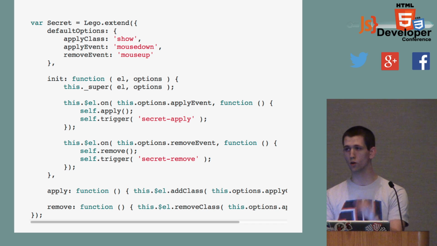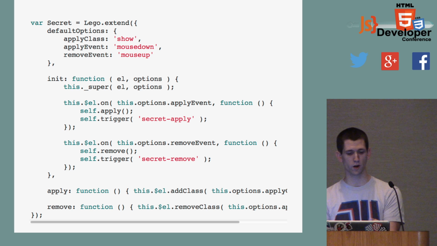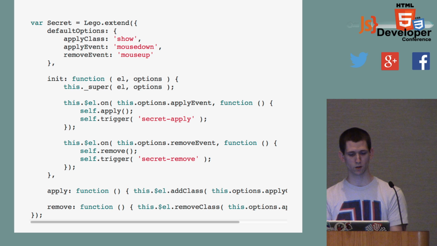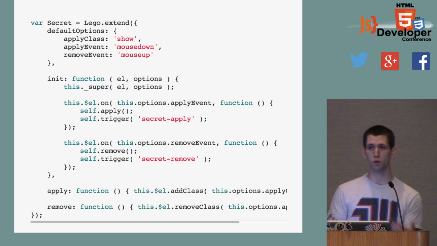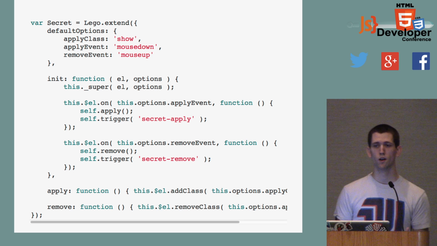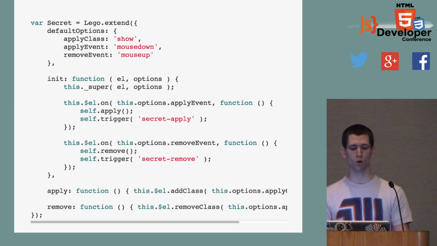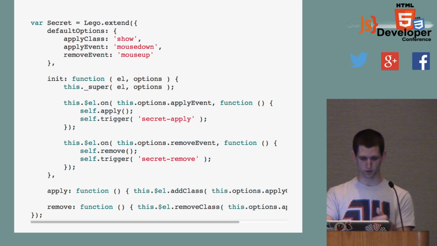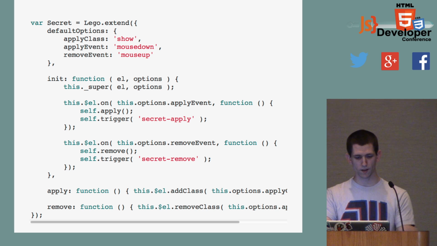So here, it's a lookup into whatever the options are. Our defaults define a few. We have the class that's being applied, which is show. We have the apply event, which is mouse down, and the remove event, which is mouse up. So by default, my apply event will be mouse down. But if whoever's using this component has passed in an option to the constructor, that will be overwritten and it will be whatever they set it to. So we're doing this lookup when we're referencing our events and the class name.